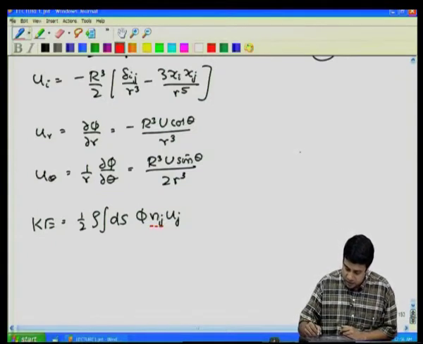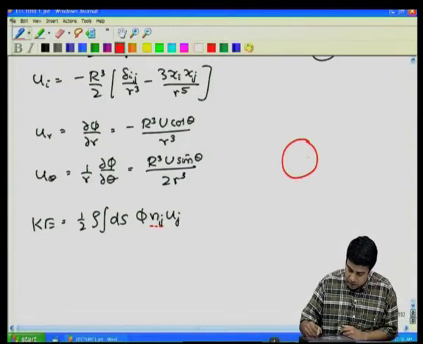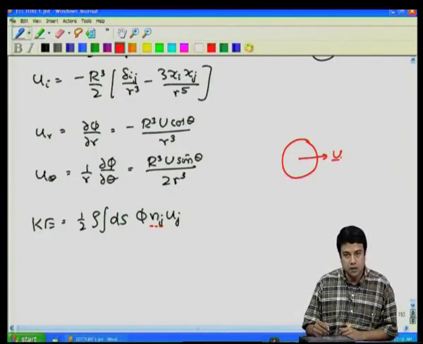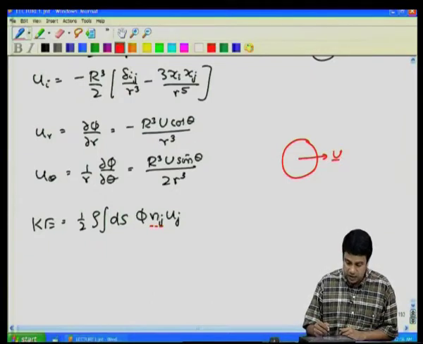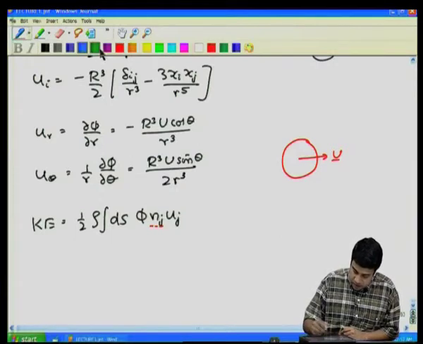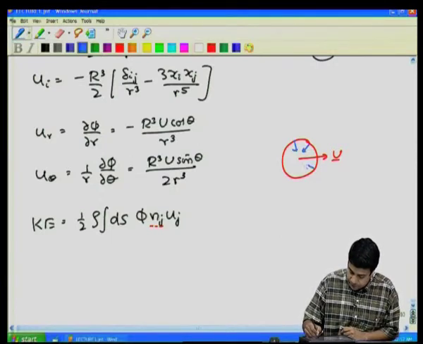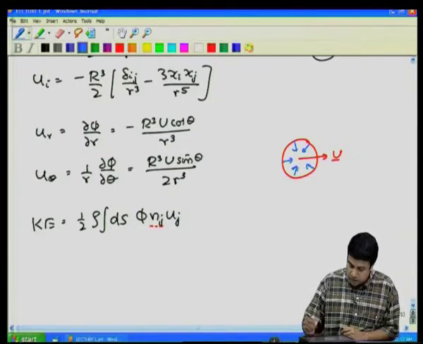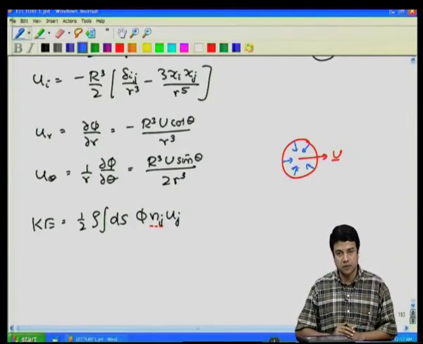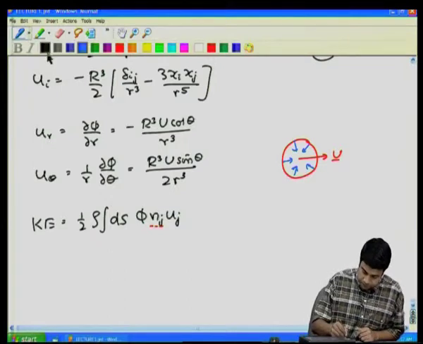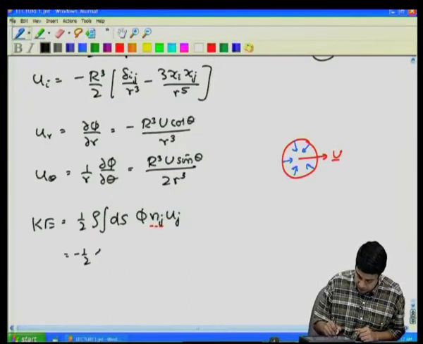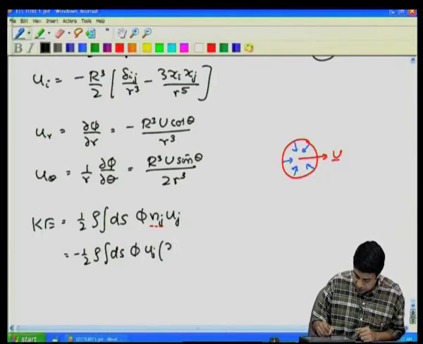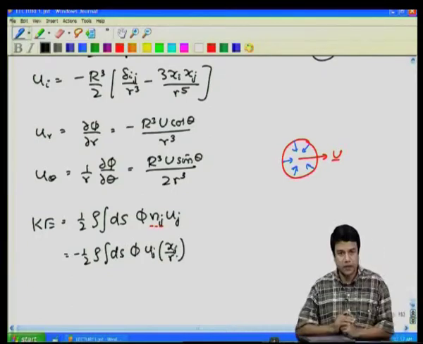In this particular case, I have a sphere that is moving with some velocity U. The outward unit normal to the fluid is actually acting into the sphere. Therefore, this is equal to minus x_j by r on the surface. Minus half rho integral dS phi U_j into x_j by r.